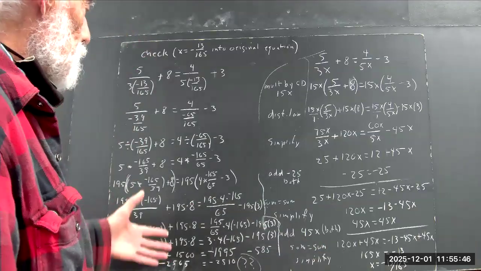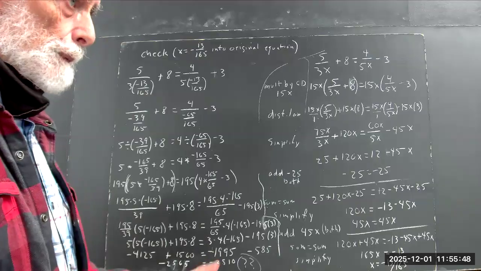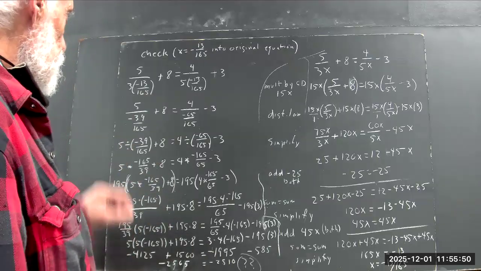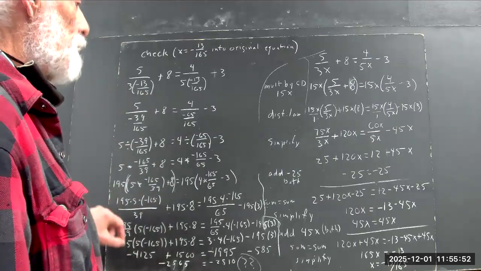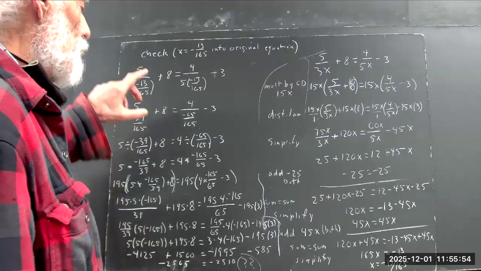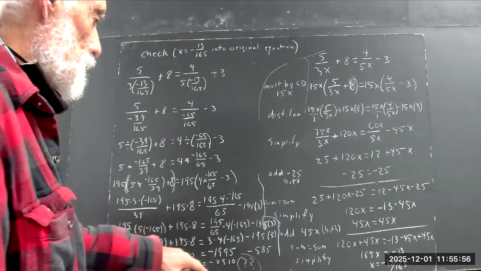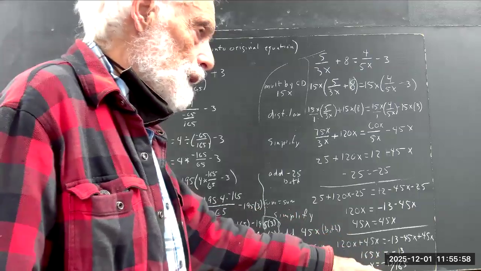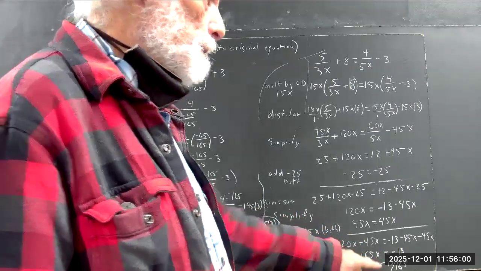Now, this becomes a real mess with the numbers, but again, the point I want to make here is that if you keep your wits about you, you're going to be able to complete the check and determine whether you've got this right or not.